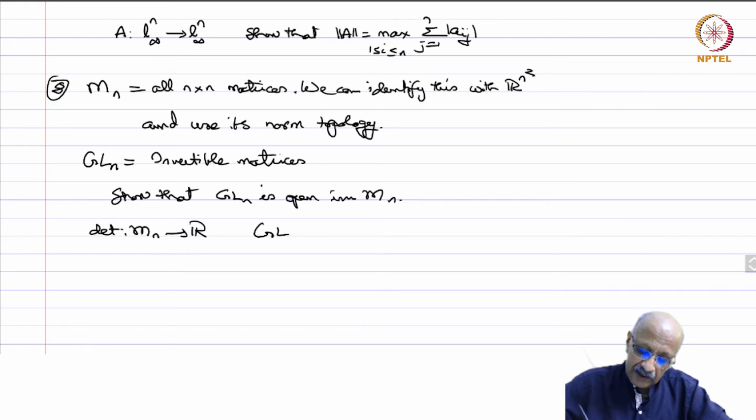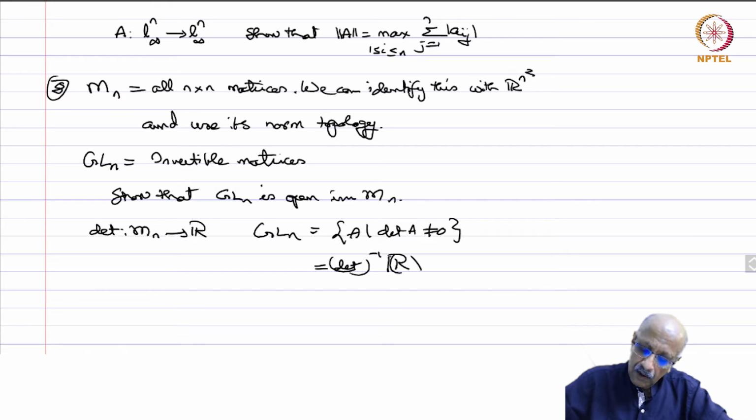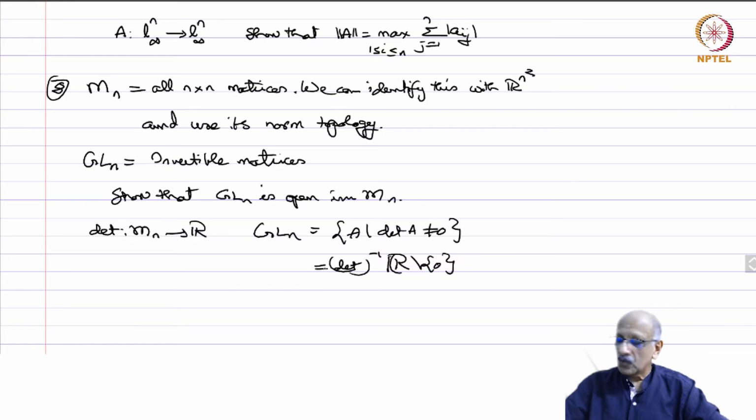And then GLn is nothing but the set of all A such that determinant A is not 0. So this is the inverse image, determinant inverse of R minus the origin. This is an open set, so the inverse image of an open set is open, and therefore GLn has to be open.